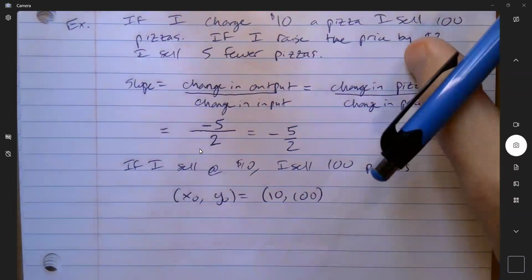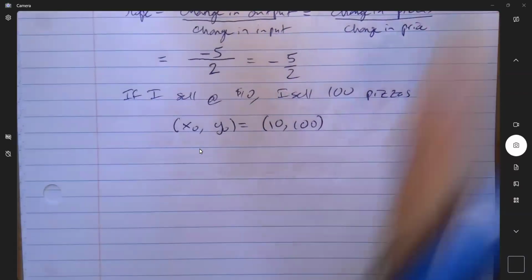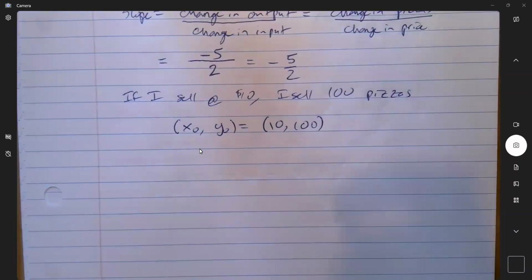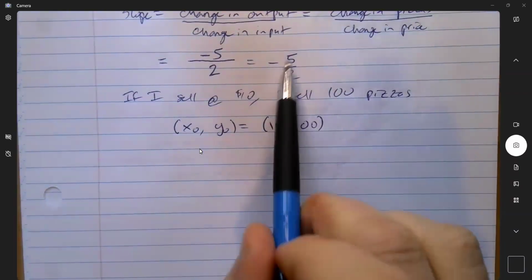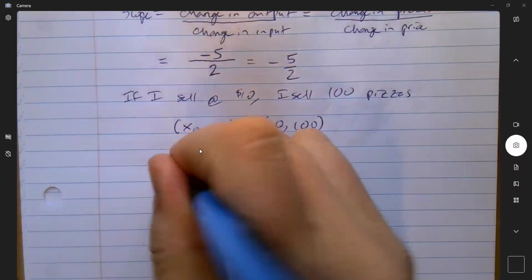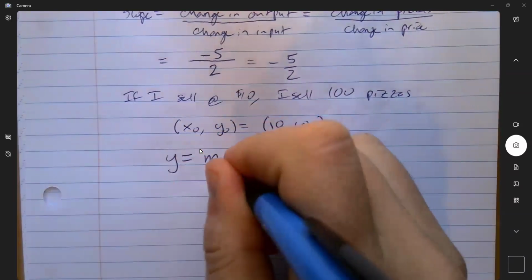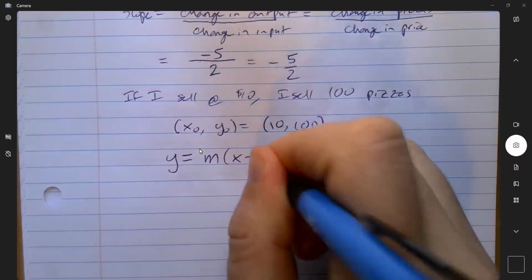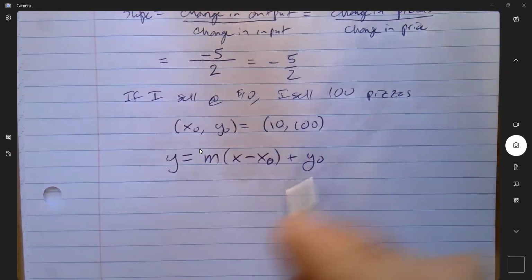And now I can build my equation. Graphically, it'd be tough though, because the points and the slope, those numbers are going to make it hard to visualize. But I can definitely do my equation, y equals m times x minus x naught plus y naught.